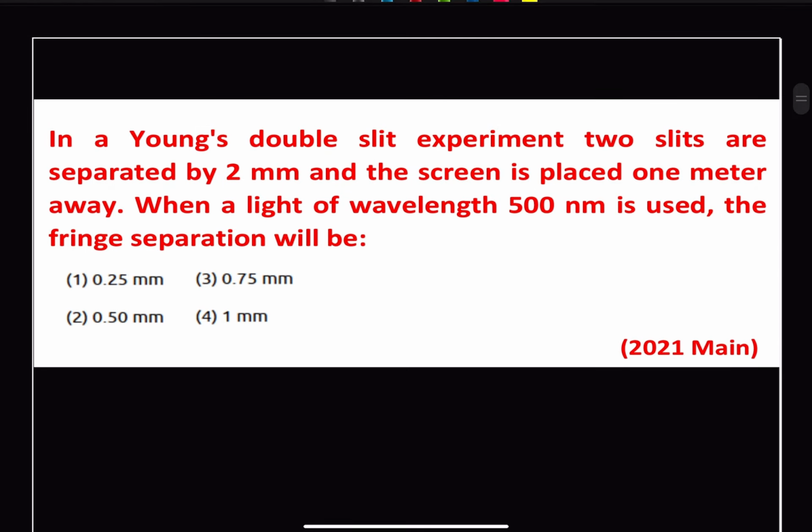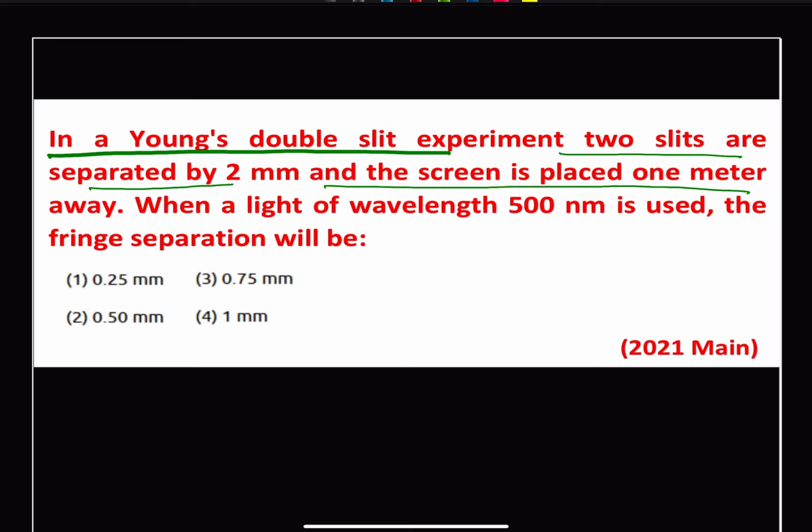It states that in a Young's double slit experiment, two slits are separated by 2 mm and the screen is placed 1 meter away. When a light of wavelength 500 nanometer is used, the fringe separation will be.